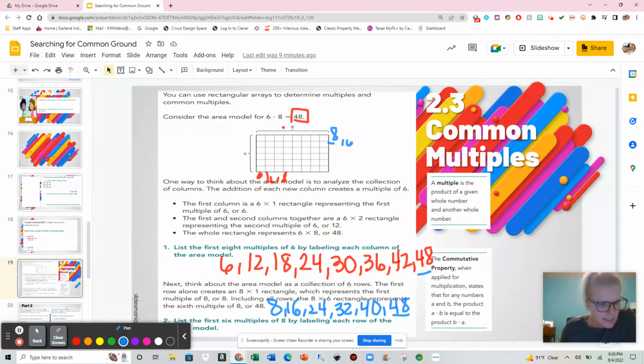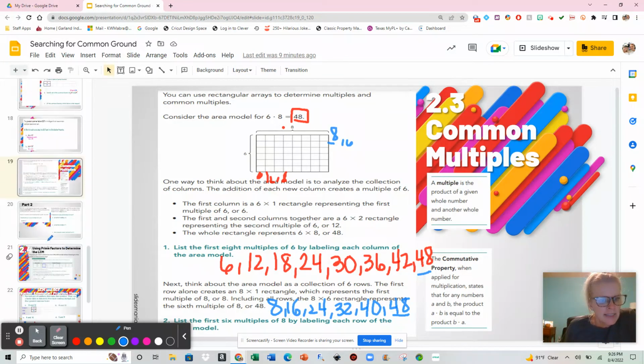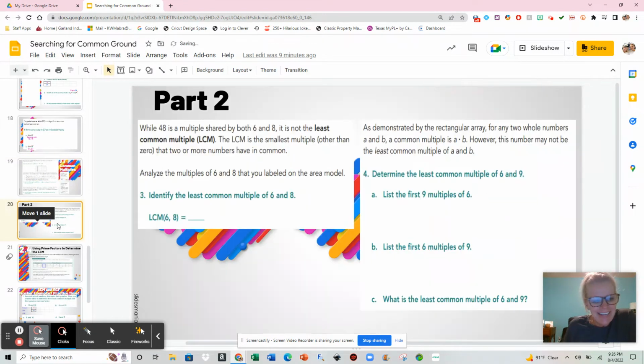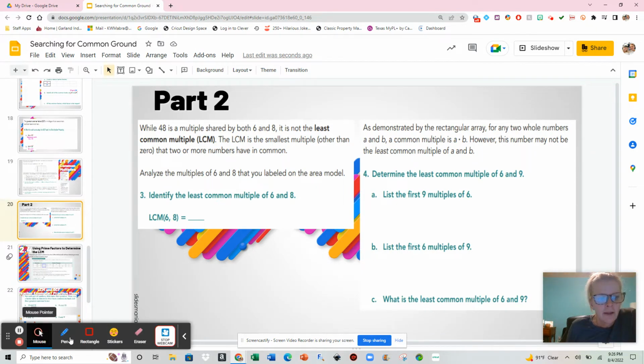All right, so let's go ahead and look at the top of page number 9. Page number 9 says, while 48 is a multiple shared by both 6 and 8, it is not the least common multiple.